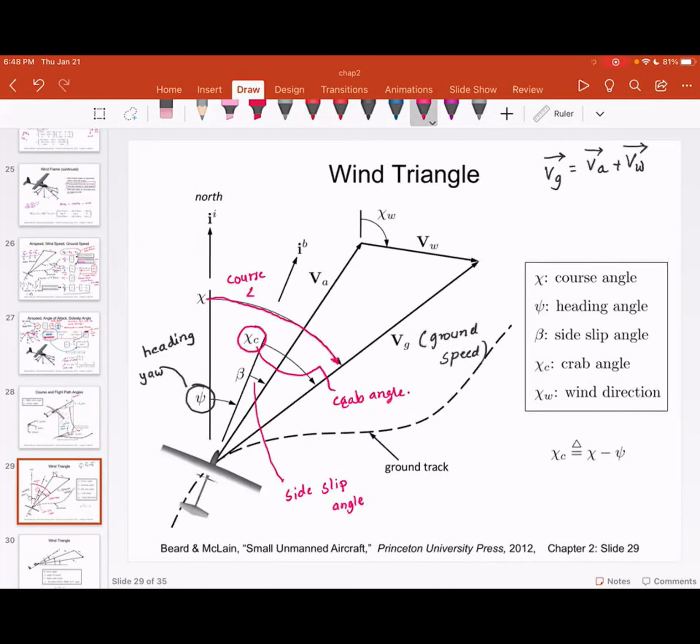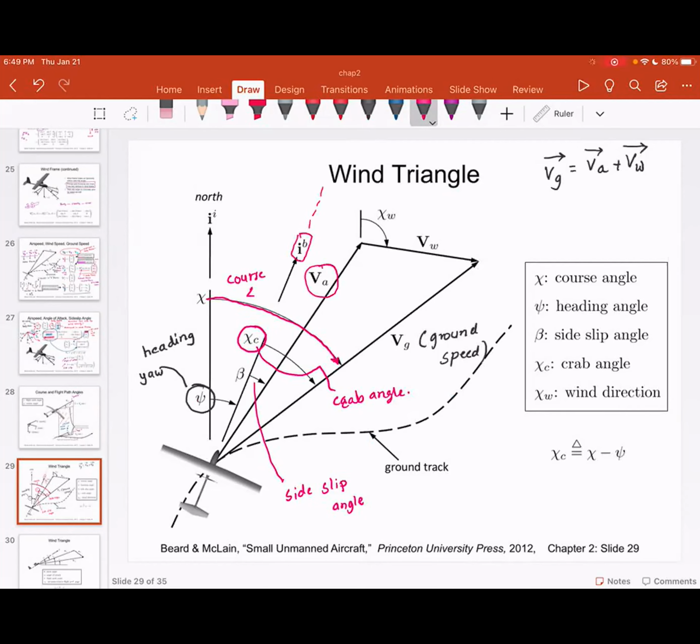This crab angle takes place because, please note, the aircraft body frame is here. But because of the wind speed, your airspeed has gone over here. So you want to continuously overcome the wind velocity so that the aircraft continues to stay in the body frame.